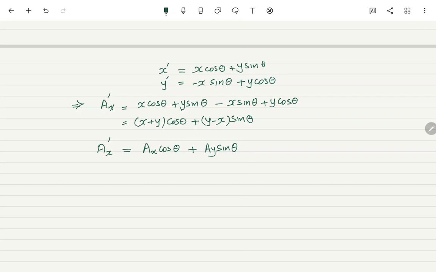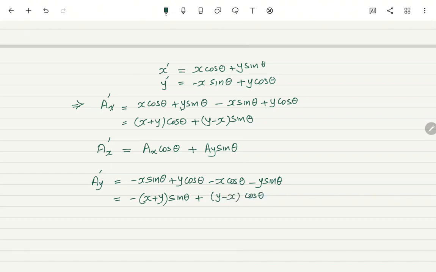Now, if we follow the same procedure to find ay prime equal to minus x sine theta plus y cosine theta minus x cosine theta minus y sine theta, equal to minus x plus y sine theta plus y minus x cosine theta, or minus ax sine theta plus ay cosine theta.